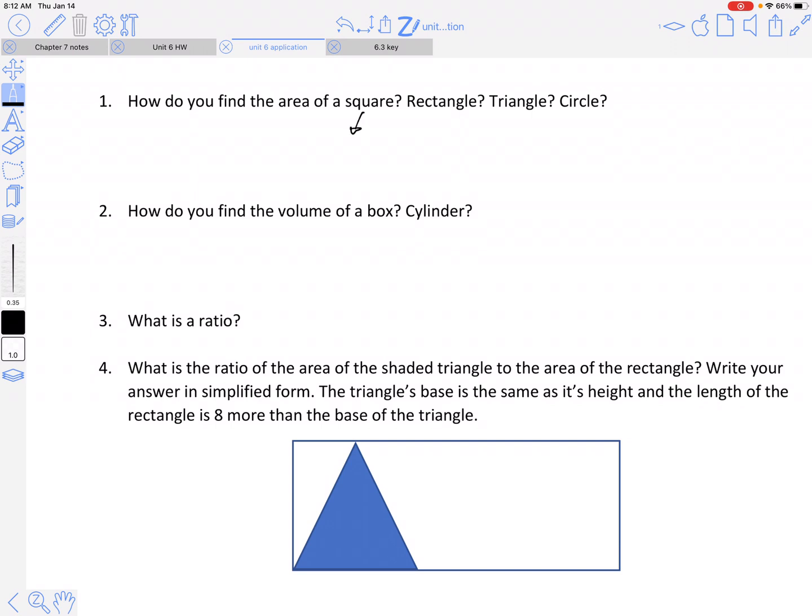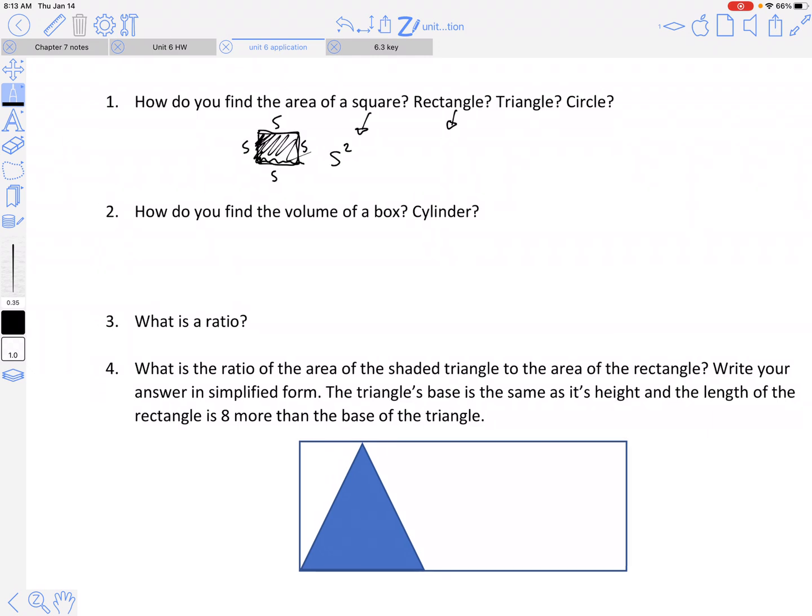So remember a square and rectangle are the same thing, but the thing about a square is their sides are the same. So we can just say the side length squared, so one side times the other. That's not a very good square, but pretend all the sides are the same. So that would be measure S, S, S. So area would just be this side times this side, and then it'd fill that in as we multiplied.